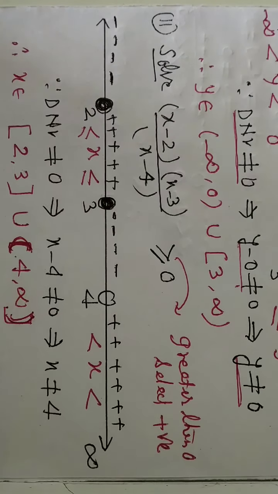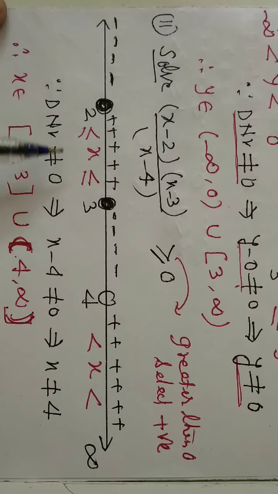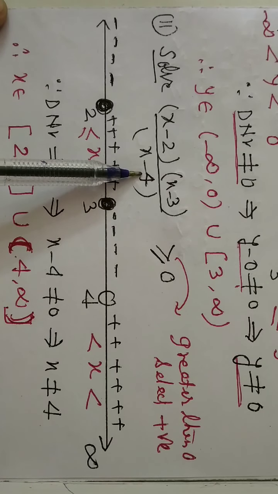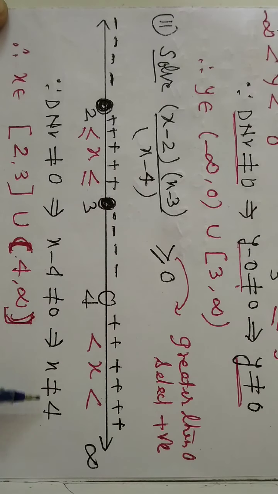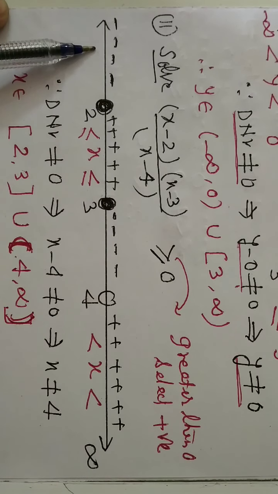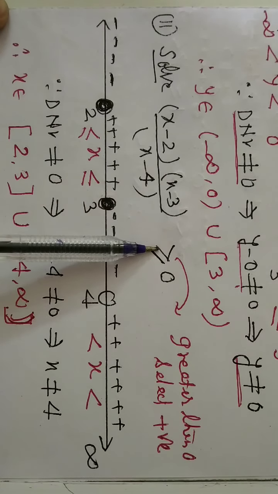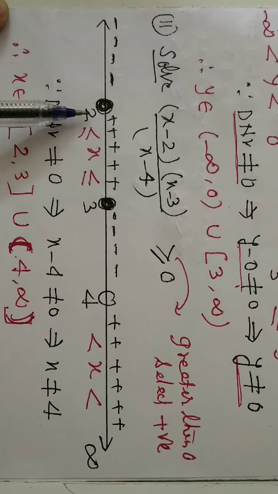Now since the denominator is not 0, never take x is equal to 4. But the other points 2 and 3 must be taken. So start the sign scheme from plus, then minus, then plus, then minus. Now greater than 0 means select positive sign. So positive sign is this: 2 to 3, union 4 to infinity.